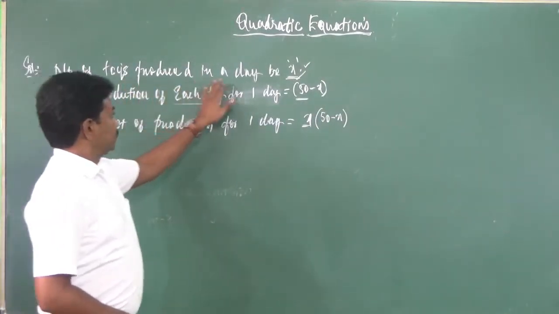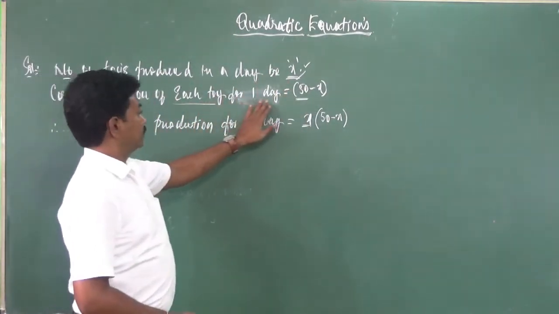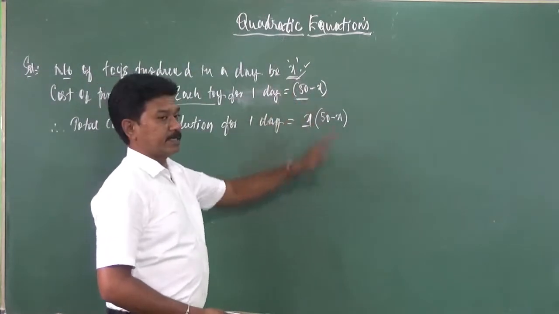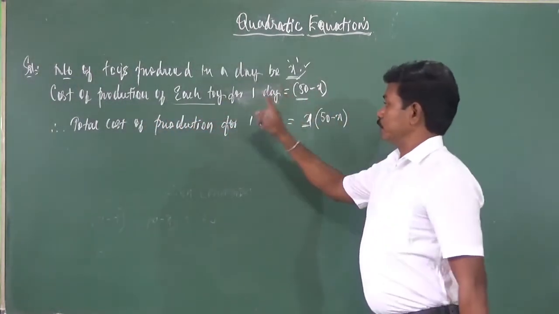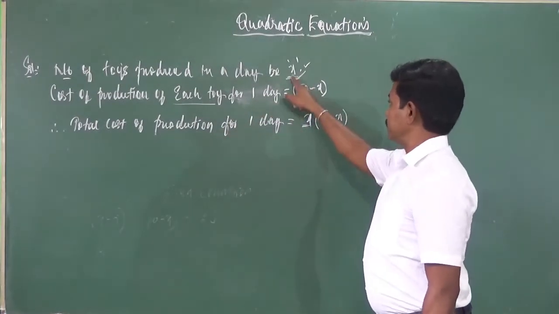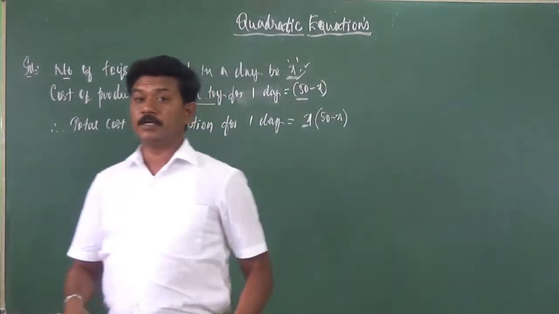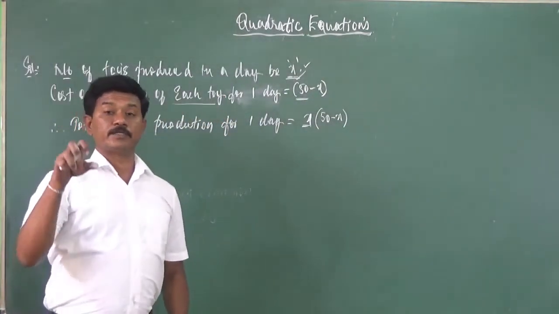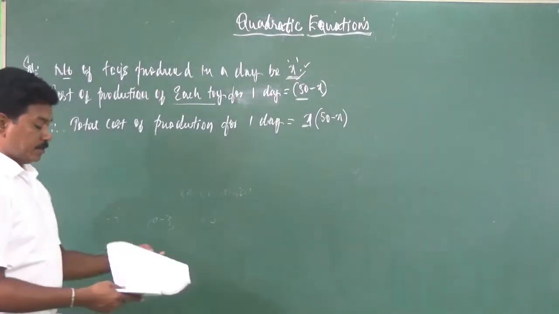So number of toys produced in a day be x, then the cost of production for each toy for one day is 55 minus x. Total cost of production for one day will be x into 55 minus x. On a particular day it was found that the total cost of production was equal to rupees 750 according to the given problem.